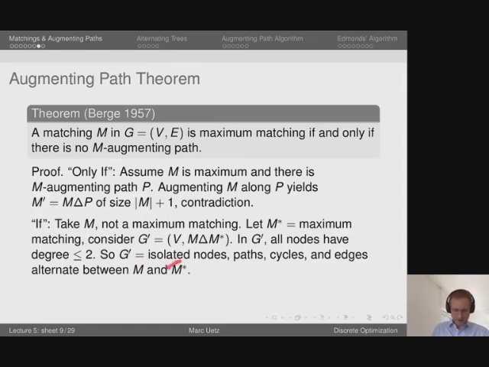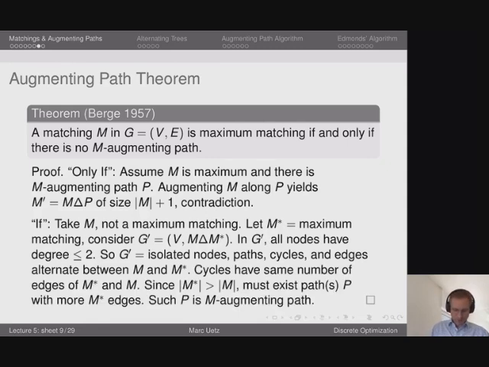And since M star is larger than M, this graph G prime must contain a path with more edges from M star. That was the red matching in the picture. And such a path is then, by definition, an M augmenting path. So we have shown the existence of an M augmenting path, which is what we wanted to show.